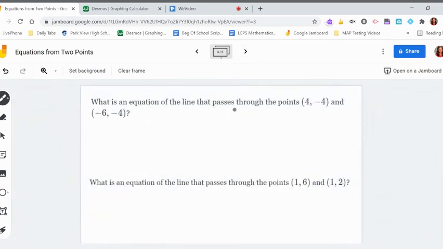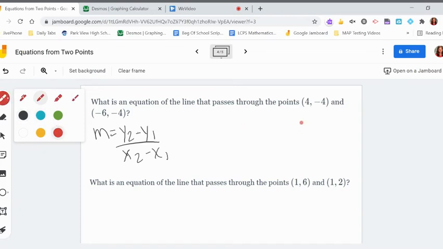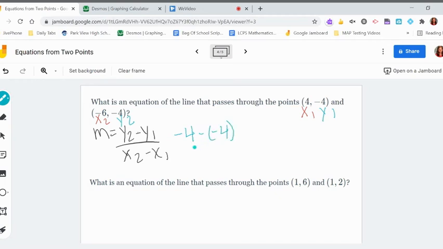Okay, what is the equation of the line that passes through these points? And what I want you to notice here, we're going to go ahead and find the slope. Okay, I'm going to go ahead and label x1, x2, y1, y2. All right, y2 is negative 4 minus a negative 4, over x2 is 4 minus a negative 6.